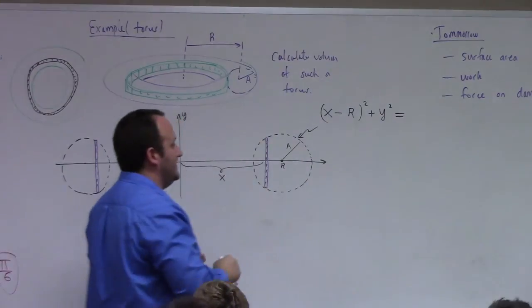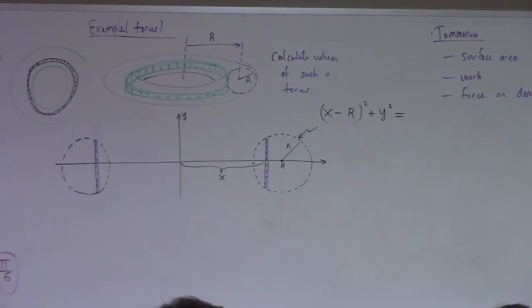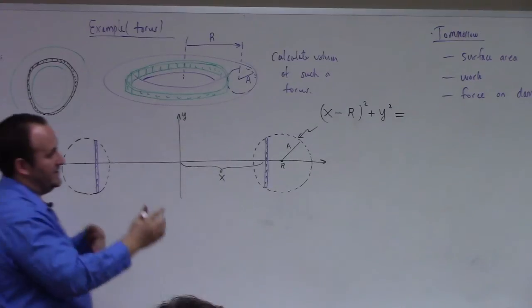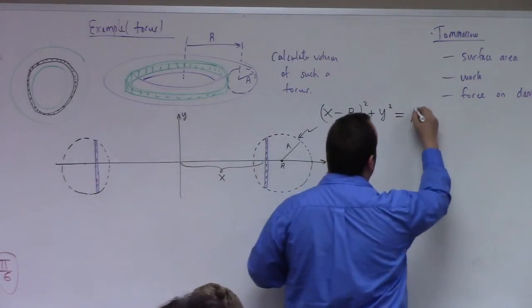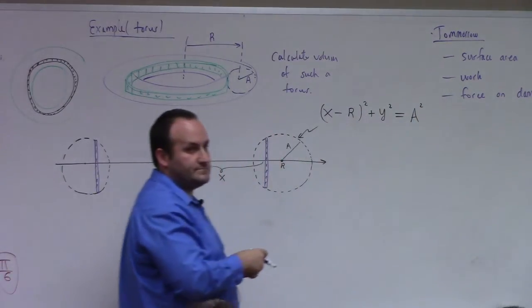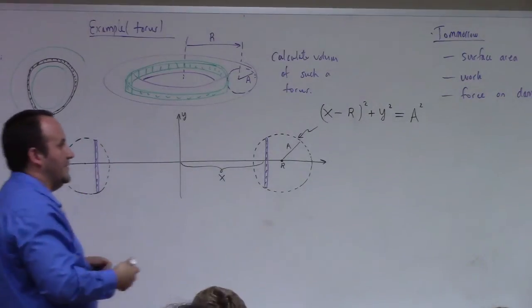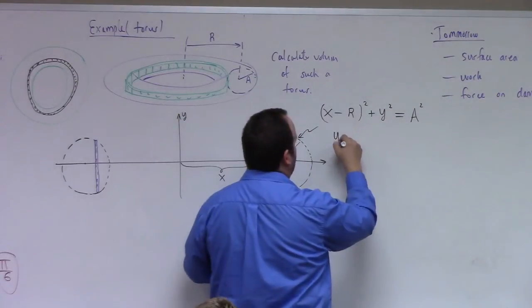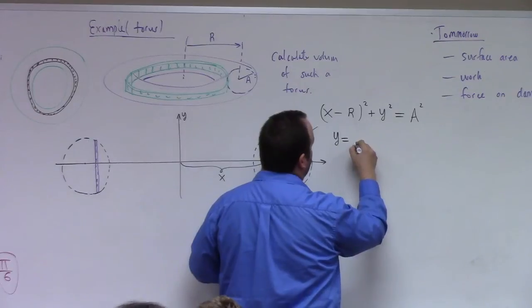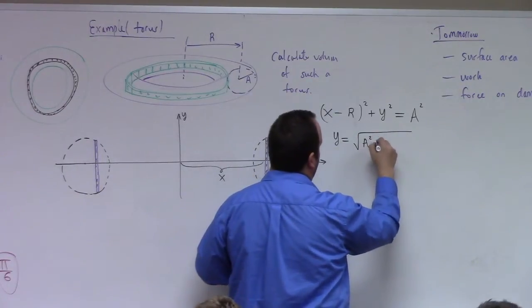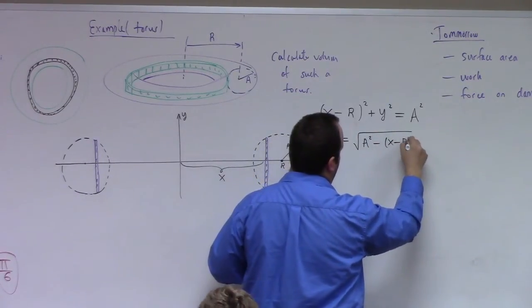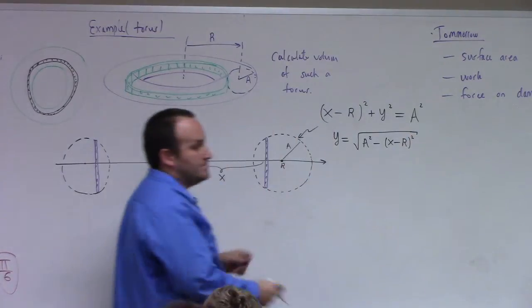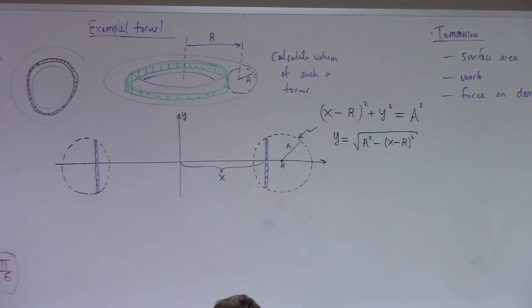This is a circle centered at r comma 0, radius a. And you can solve that for y. So y equals the square root of a squared minus the quantity x minus r squared. That's y as a function of x.